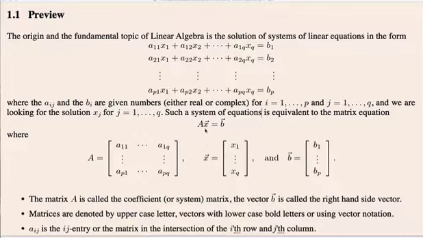In my notes I prefer vector notation because it's easier to distinguish from other notations. Instead of using bold letters, I prefer the vector notation. aij is the ij entry of the matrix in the intersection of the ith row and the jth column.